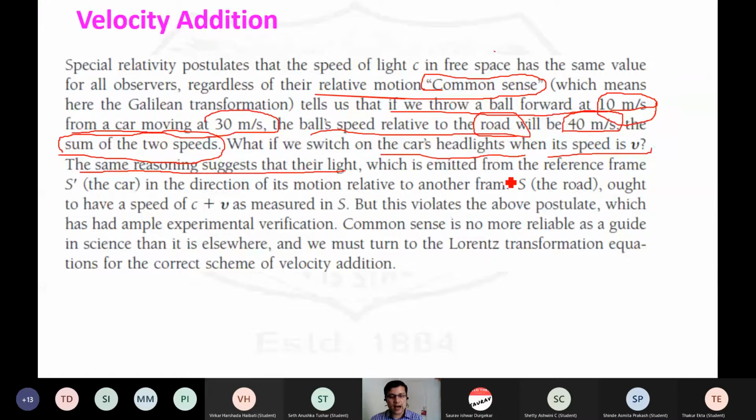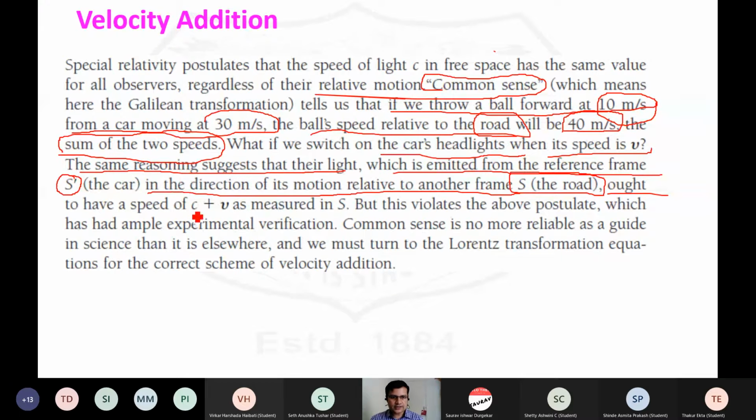Suppose the car's headlights emit light from that frame of reference, the car's frame, which is the moving frame, s prime, in the same direction as its motion with respect to the stationary frame, the road. So what will be the speed of the light relative to the road?